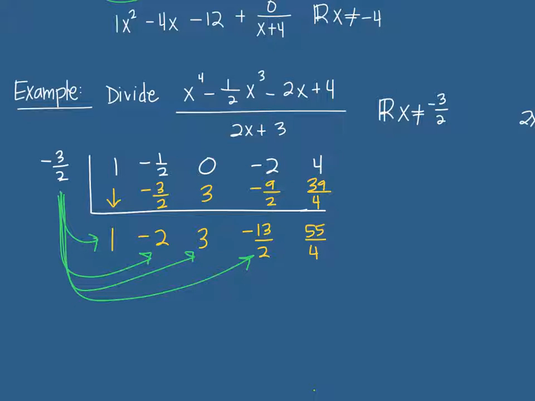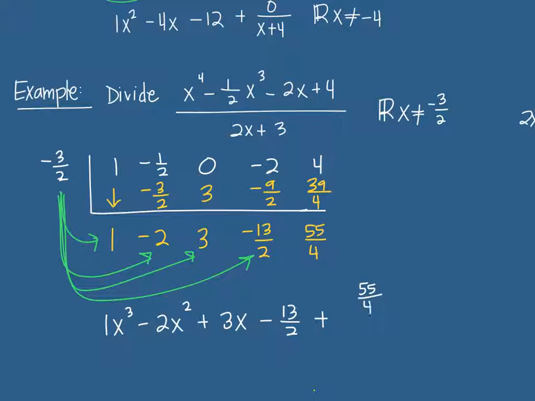So when I write my summary statement, what am I going to lead off with? What is the lead term going to be? X to the what? X to the third. Okay, so this will be a cubic now. Minus 2x squared plus 3x minus 13/2 plus the remainder. Now you can write this a couple ways.